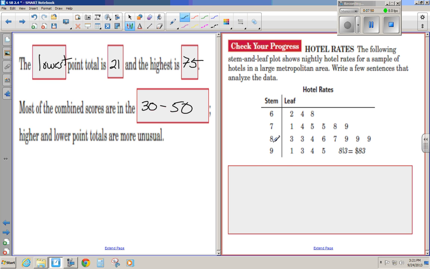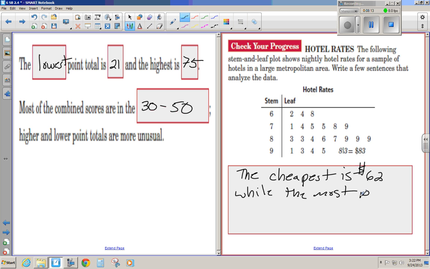So one of the sentences could be, instead of lowest, the cheapest is $62, while the most expensive is $95.